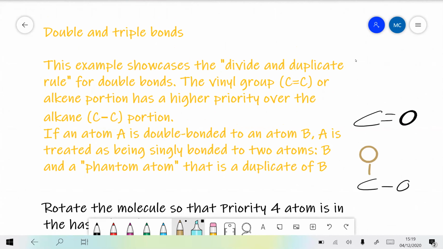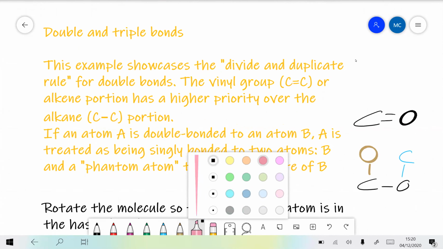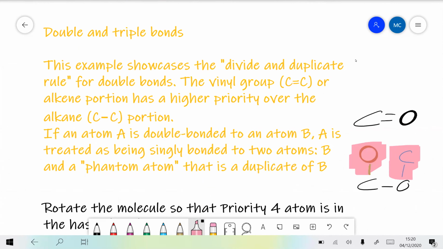But then we will also add an extra carbon and an extra oxygen as phantom atoms. So these two are then called phantom atoms.